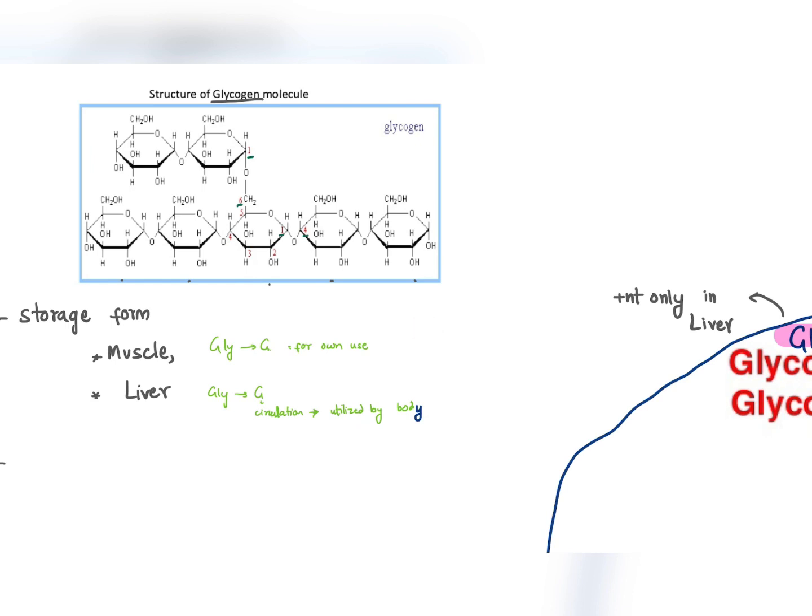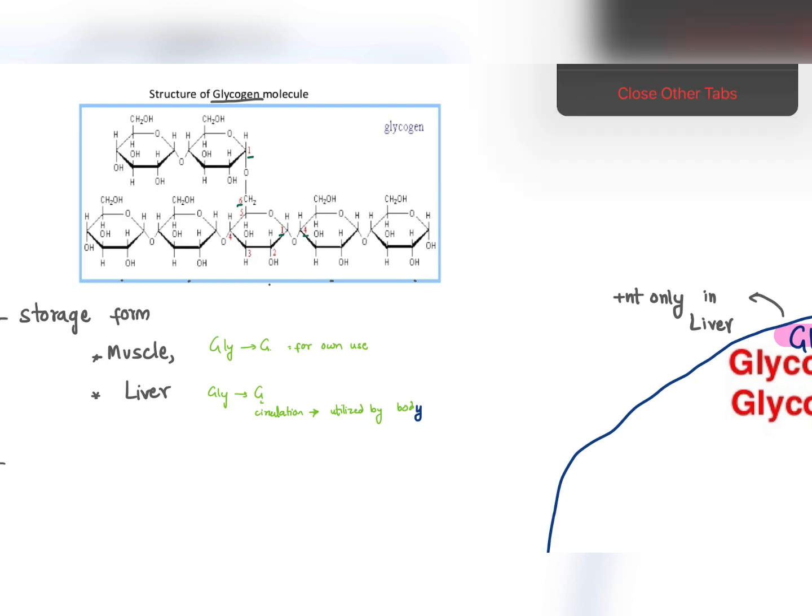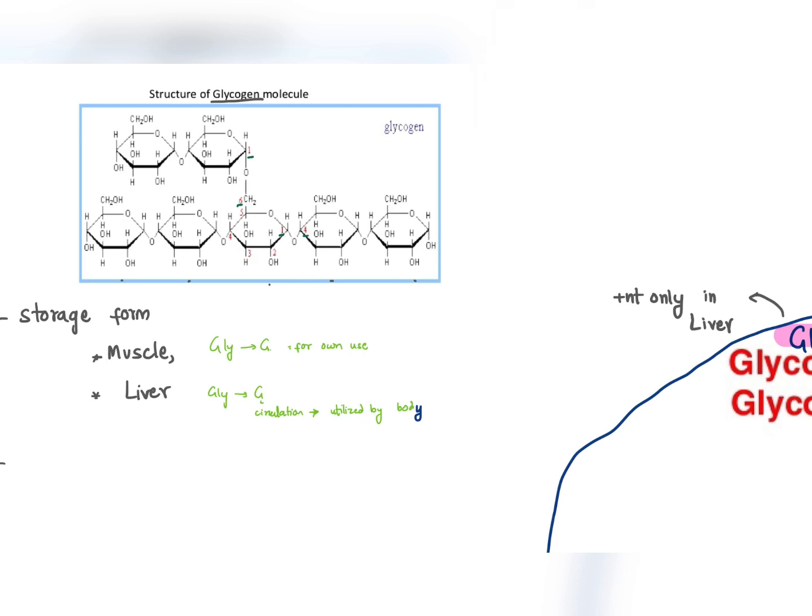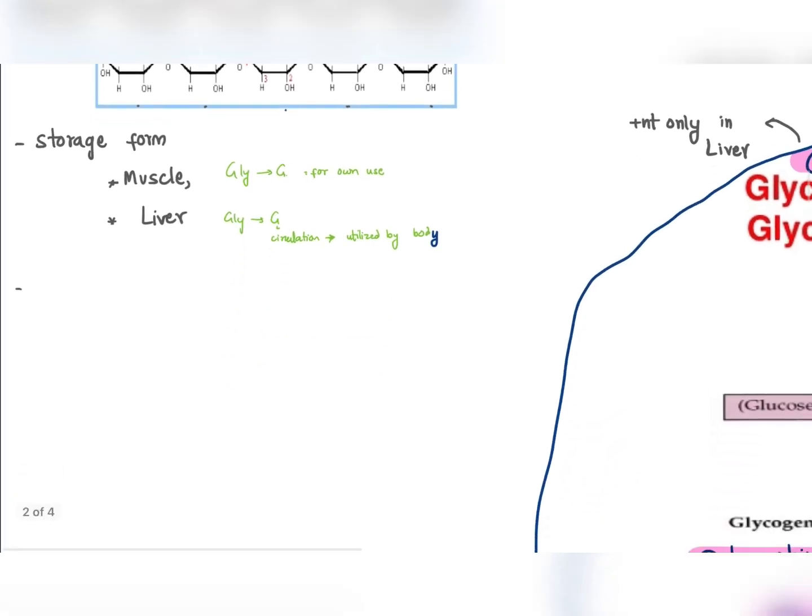Glucose 6-phosphate cannot get out of the cell, so glucose is not formed. Muscle glycogen does not contribute to the blood glucose. But in the liver, glycogen gets broken down to form glucose and it gets liberated to the circulation, which contributes to the blood glucose during the fasting state. Now we can say muscle is selfish and liver thinks for everybody, right? This is the difference between the glycogen in the muscle and glycogen in the liver.